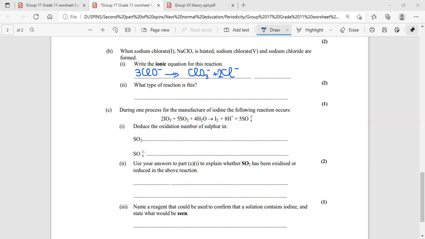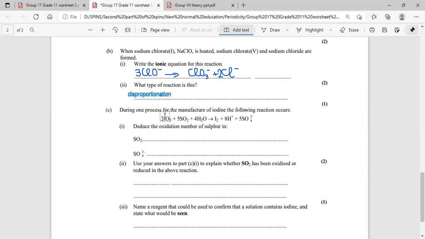So disproportionation reaction means one substance is oxidized and reduced.